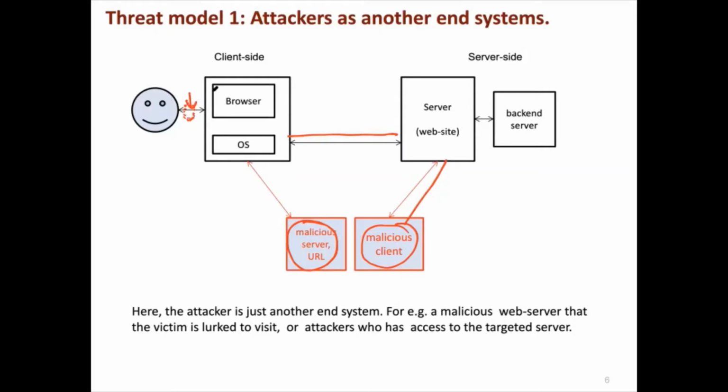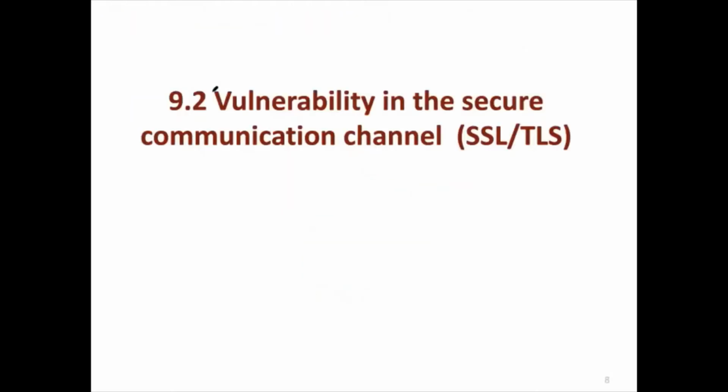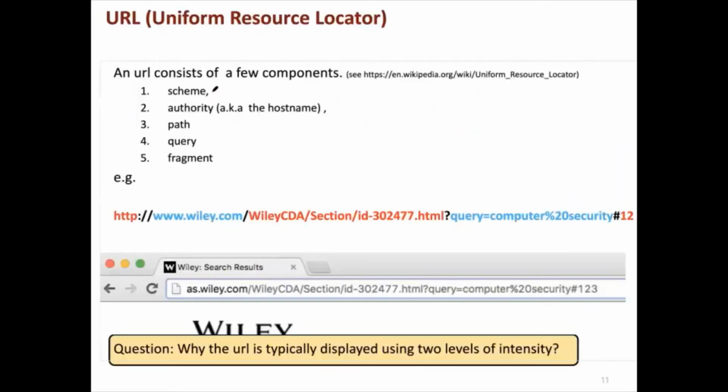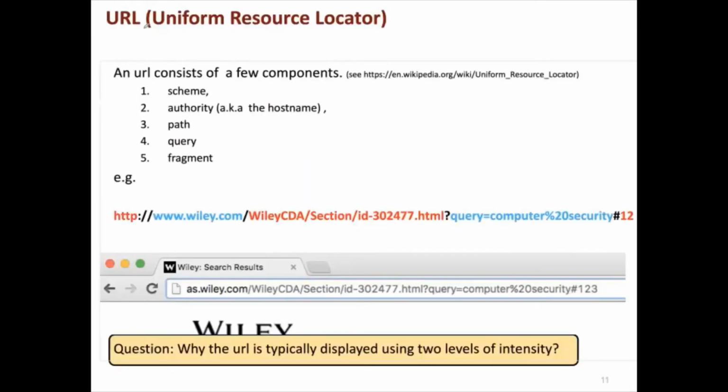So the first one is misleading the user. First, the URL. Every resource on the web is defined by a URL, and has a unique URL. The URL consists of these 5 parts. First is the scheme, whether it's HTTPS, HTTP, or something else.